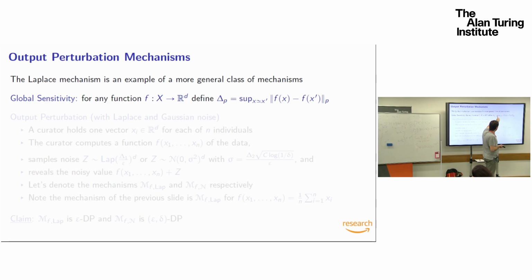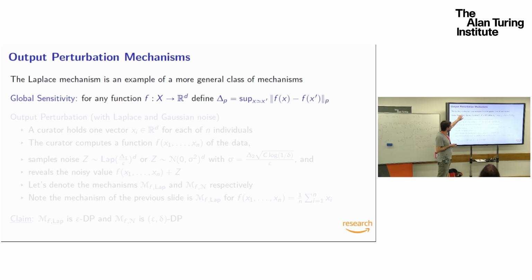So that's the supremum over neighboring data sets X and X prime of the norm of F(X) minus F(X prime), and I'm saying delta P because I'm taking a P norm here. And P obviously is not going to be some weird thing, usually it's 1 or 2, but I'll write it as global sensitivity with respect to the Lp norm.